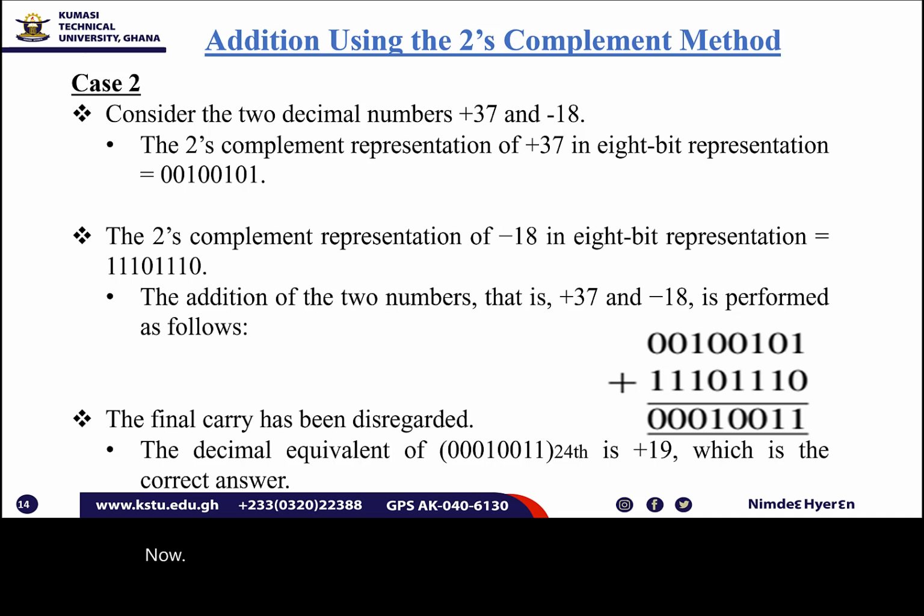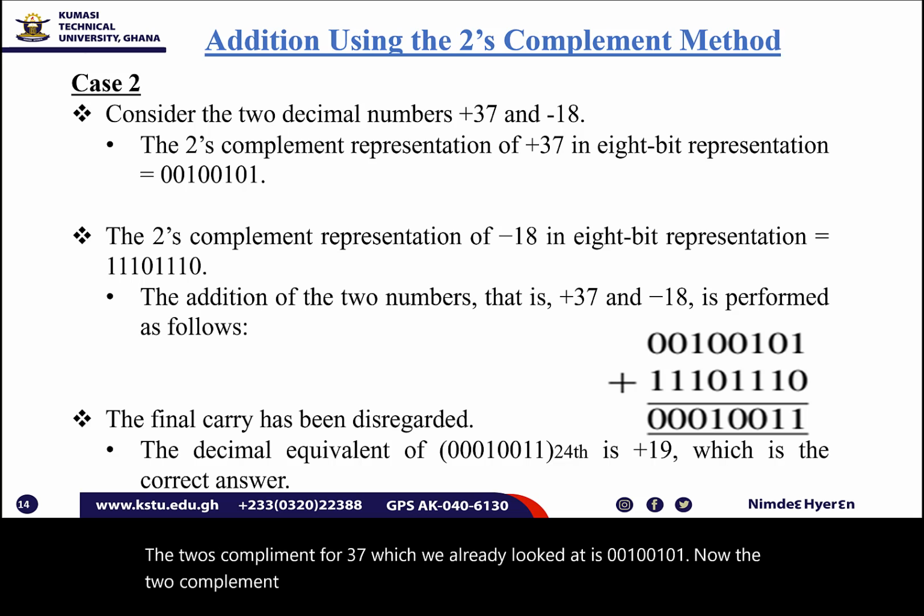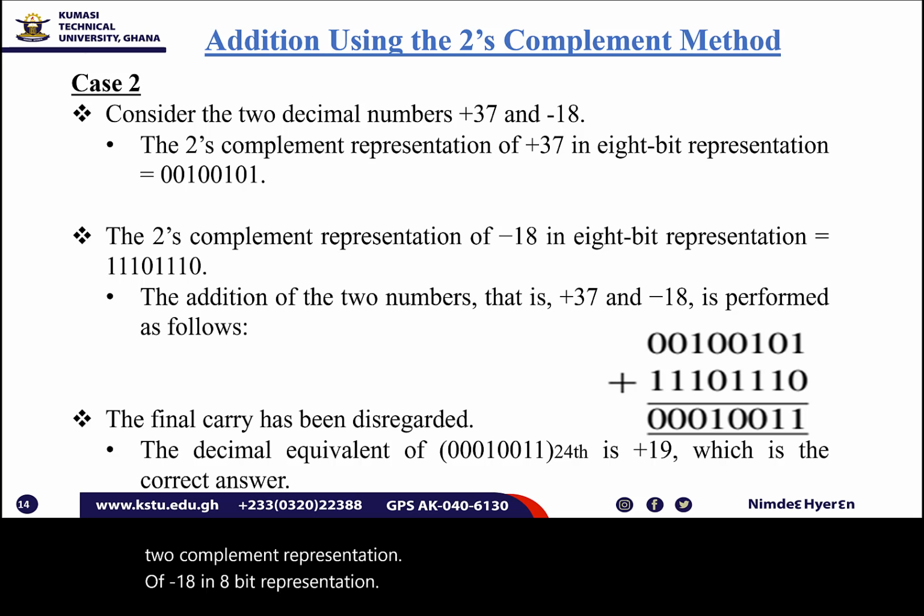The 2's complement for 37, which we already looked at, is 0, 0, 1, 0, 0, 1, 0, 1. Now, the 2's complement representation of negative 18 in 8-bit representation is 1, 1, 1, 0, 1, 1, 1, 0.